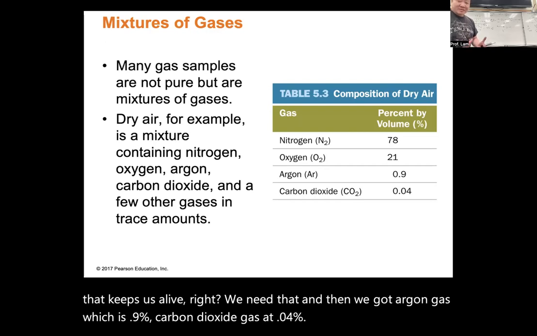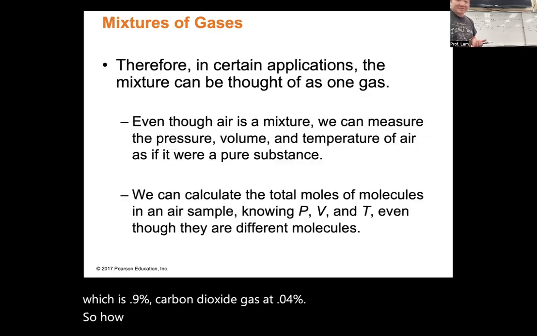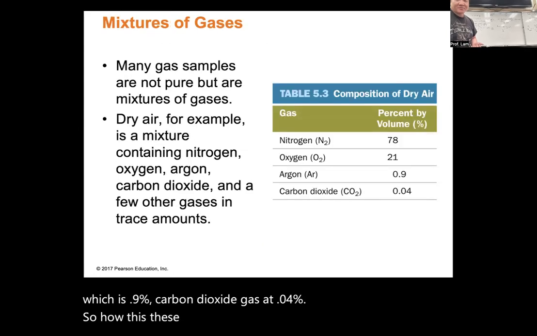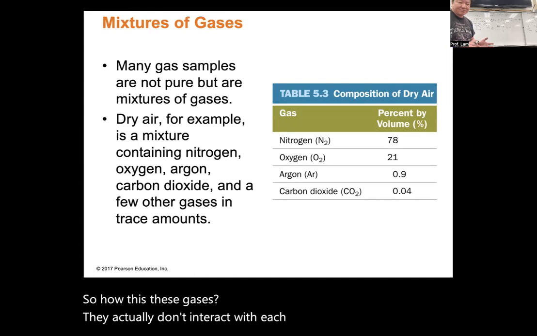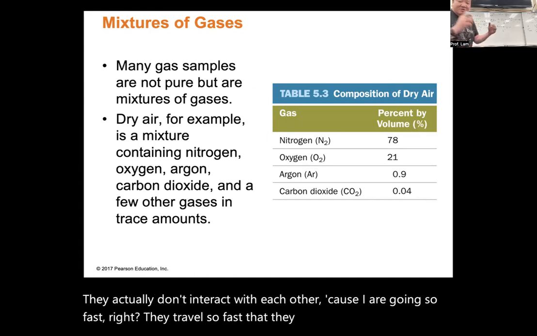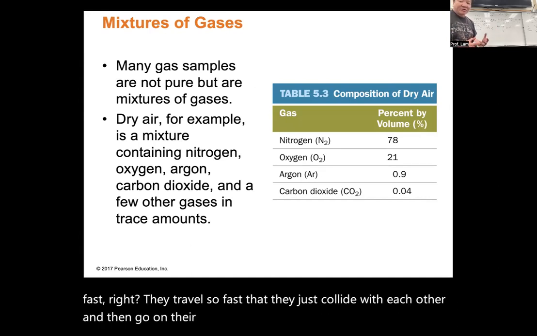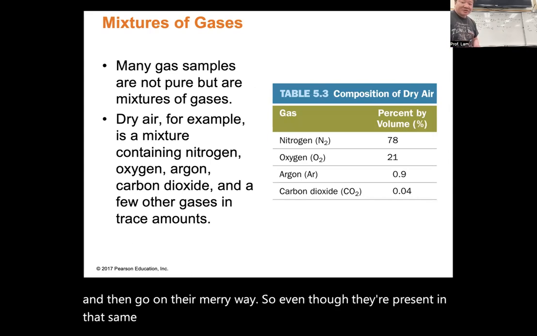So how do these gases interact? They actually don't interact with each other because they are going so fast, right? They travel so fast that they just collide with each other and then go on their merry way. So even though they're present in the same container, they actually don't interact with each other.